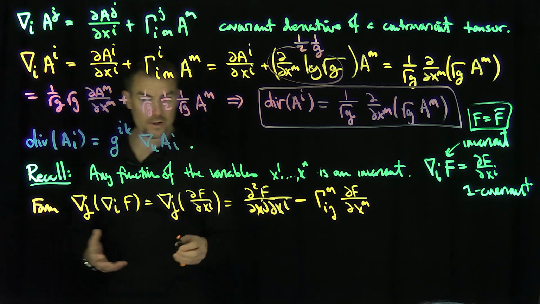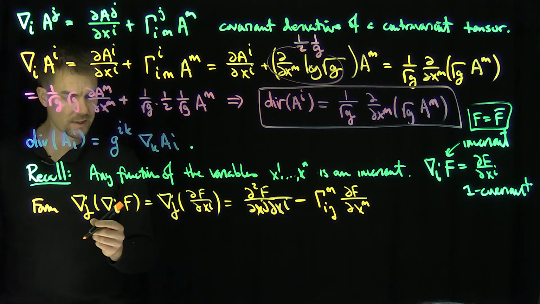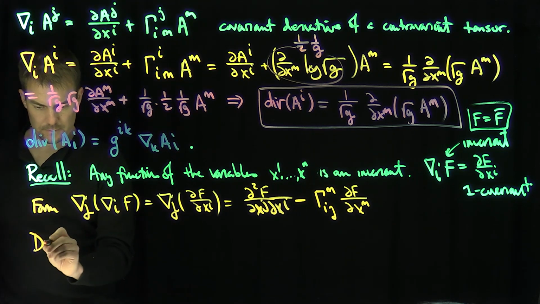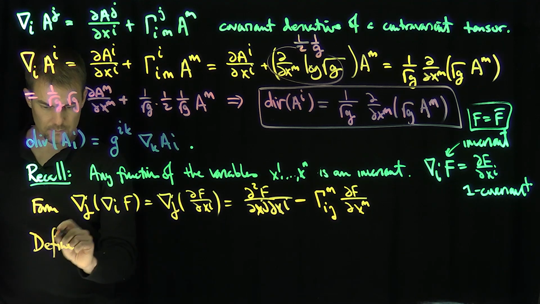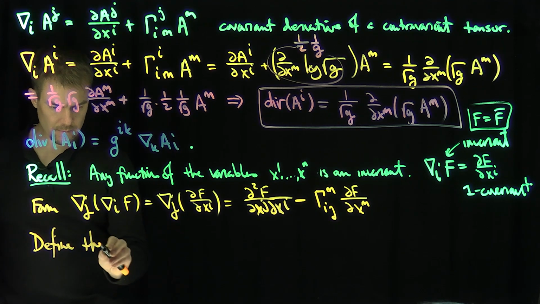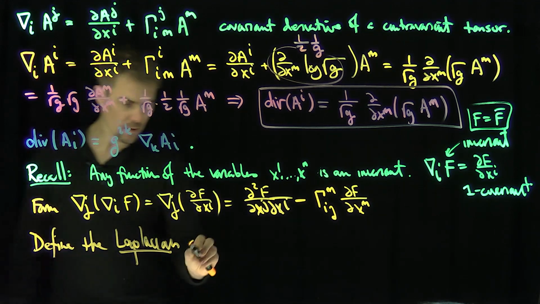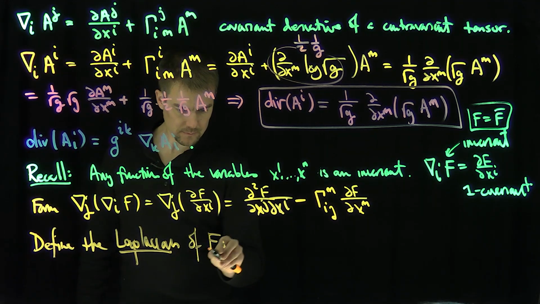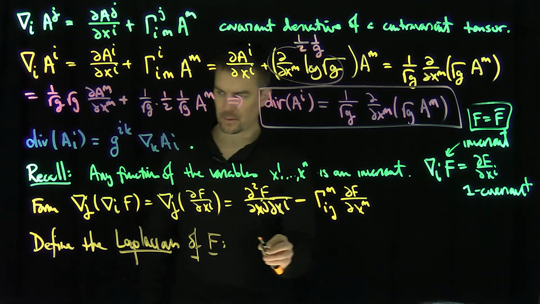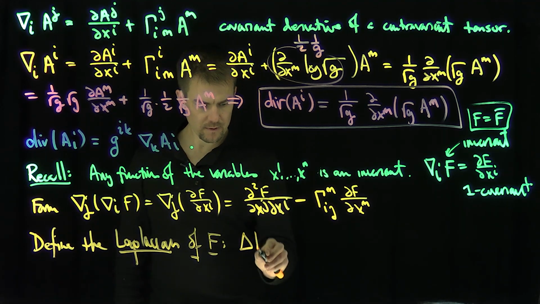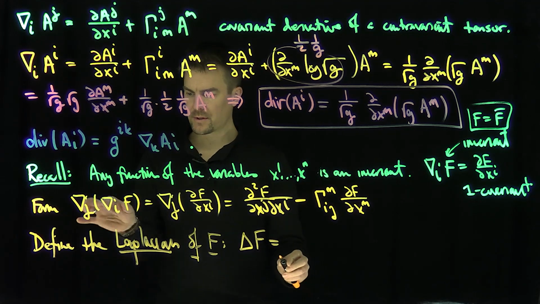Beautiful. And so now we're ready to define the Laplacian of f. So what will the Laplacian be? The Laplacian of f, this invariant, is going to be the sum over i and j.